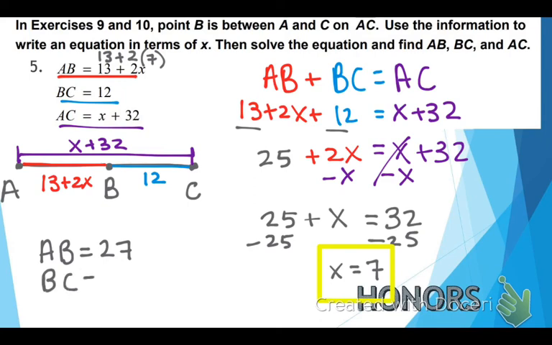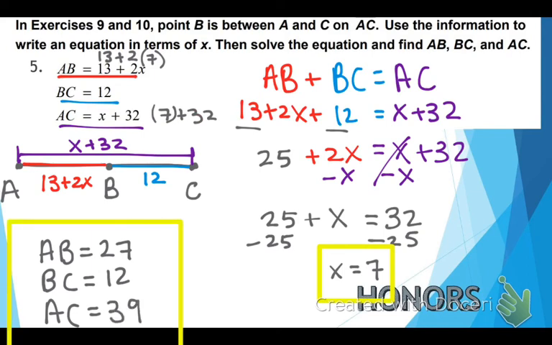What's the length of BC? 12. Don't have to do anything there. And then AC, we're going to do 7 plus 32, which is 39. So you'll box in all of this as well. A good way to check yourself, AB plus BC should equal AC. So what's 27 plus 12? 39. Good. You're going to go ahead and clear your desk.